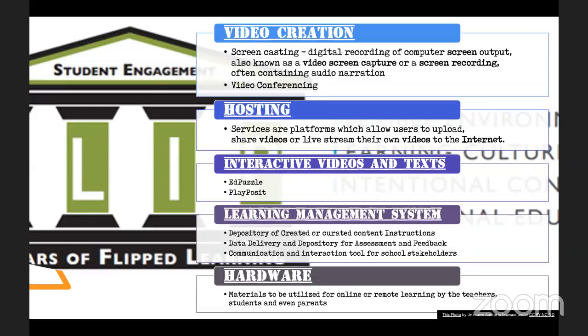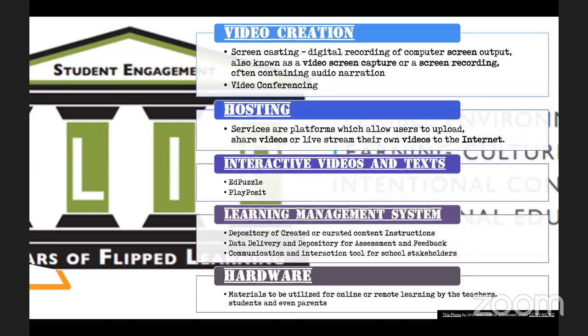Another skill that we can look into when we talk about video creation is what we're doing right now, video conferencing. Video conferencing is utilizing a tool where people can conglomerate together as one class, and then this video can be streamed or it can be within your learning management system, and at the same time people can ask questions or easily consume the content they're seeing in that video streaming.